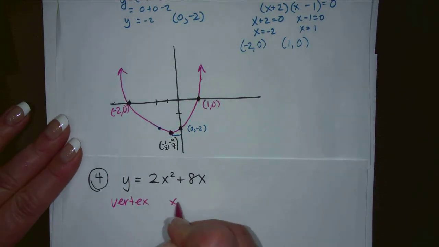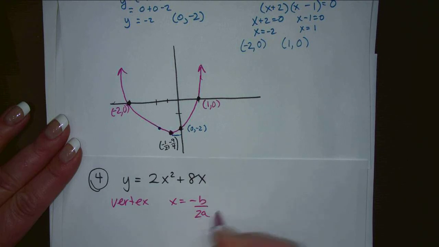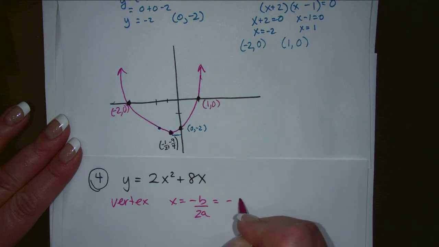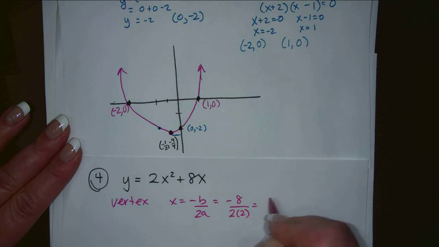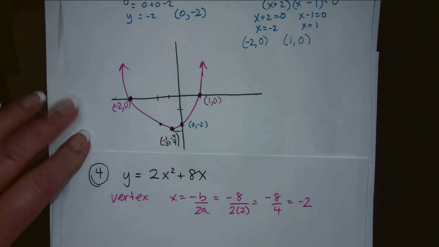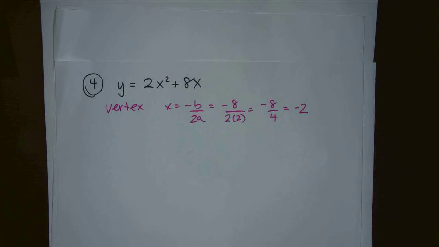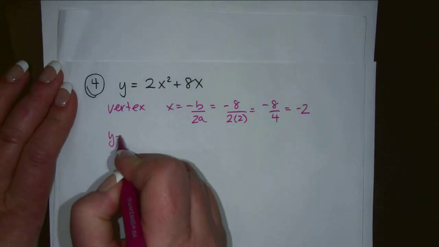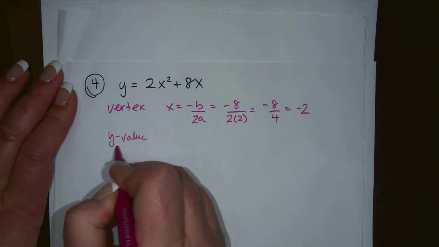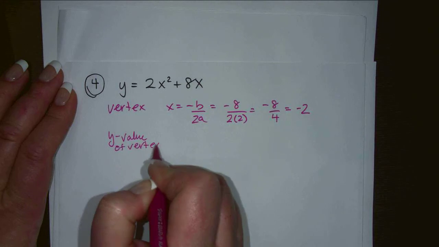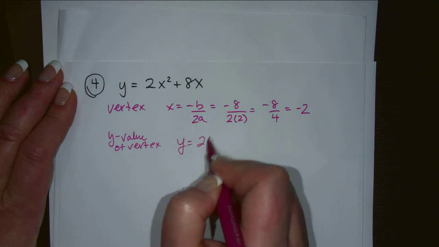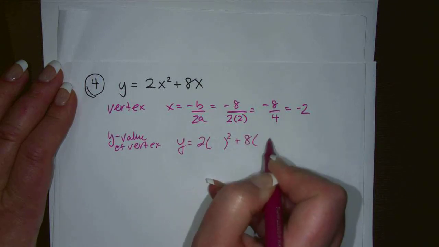X equals minus b over 2a. So minus b over 2 times a. Plug it in to find your y value. 2x squared plus 8x.